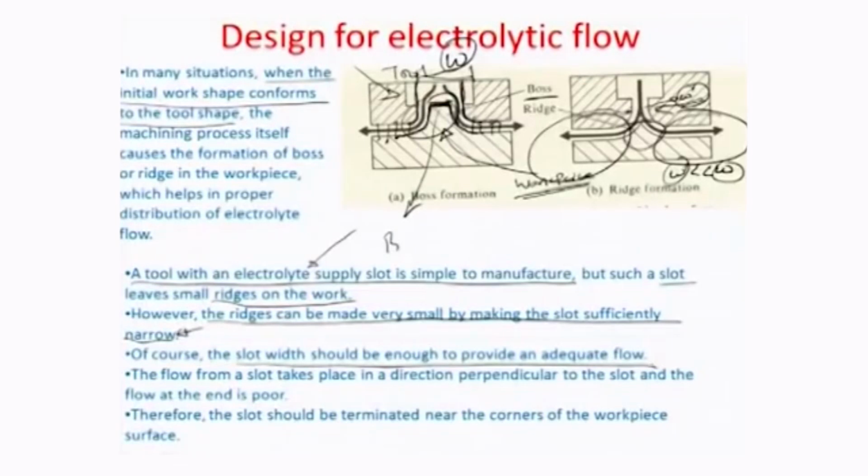So, the flow typically from a slot takes place in a direction perpendicular to the slot, and the flow at the end is poor. The velocity of the flow is highest here where it is emanating out, and the velocity here is comparatively lesser because there is a frictional effect between this point and this point. So, that is another issue, that the flow is different in terms of velocity as it goes away from the workpiece zone.